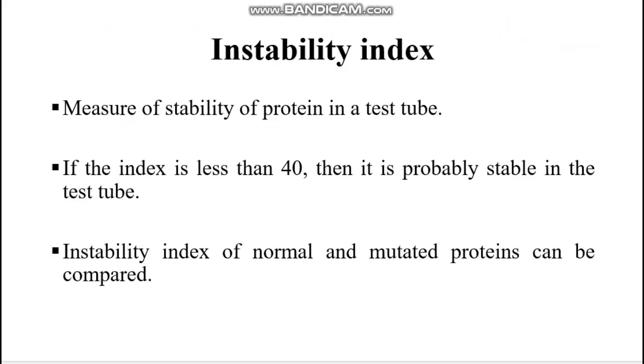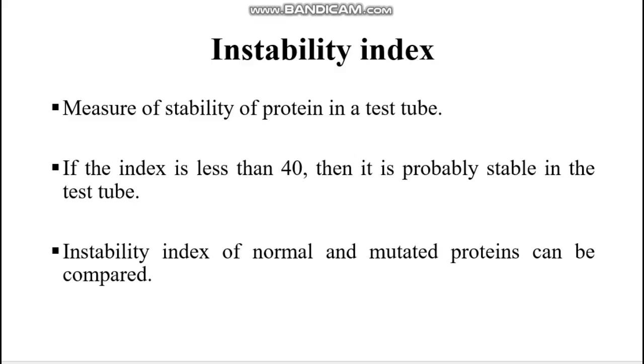And now what does the instability index show? Instability index is a measure of stability of the protein in a test tube. If the index value is less than 40, then it means that the protein is probably stable in the test tube.